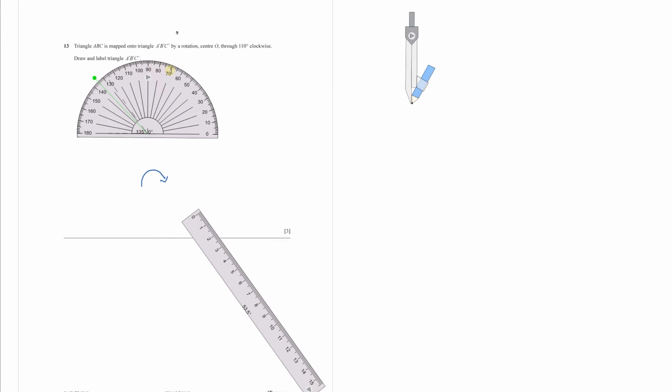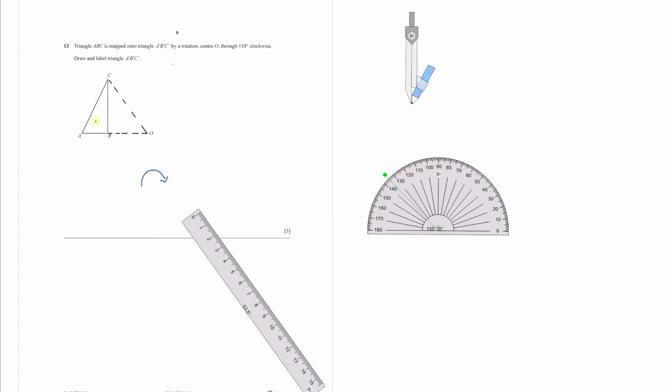So after the 110 degree rotation, I will get a point somewhere here. But I also need to compute the distance of the point A prime, to which this A is mapped. So I know that it's somewhere in this direction. This is 110 degrees, but I don't know if it's here or there.